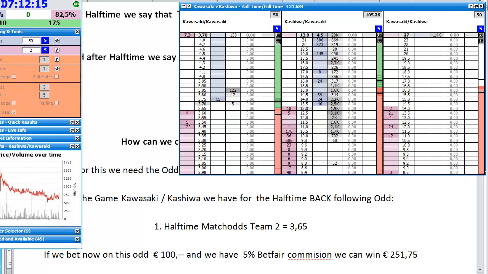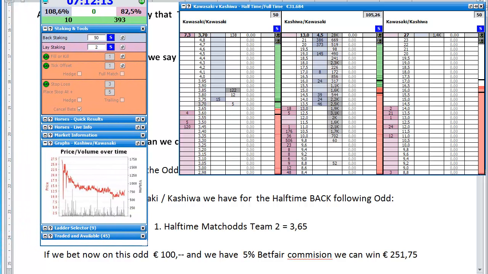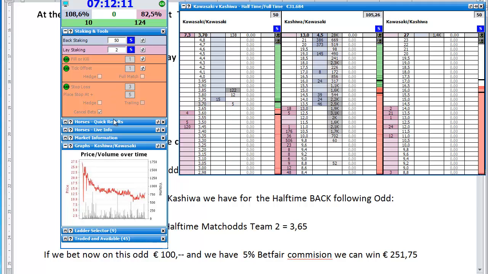You can see here on the chart the halftime full-time market where Kashiwa wins the first half and Kawasaki wins the game. The highest odd was 27 and it has fallen to 9.8 as the lowest odd, and now we are around 13.